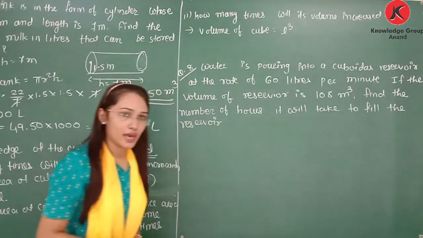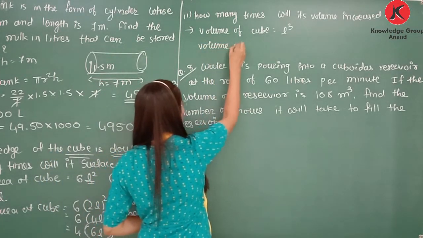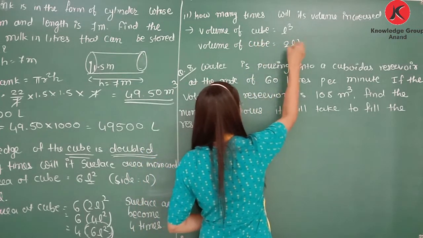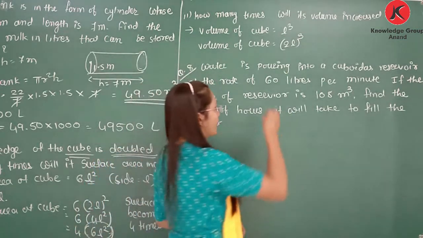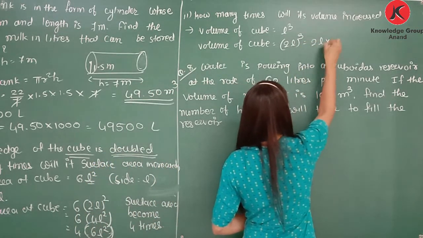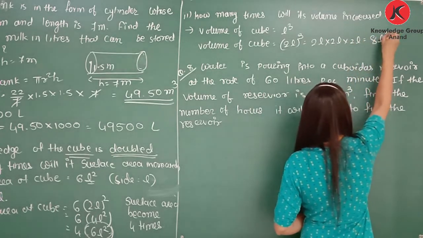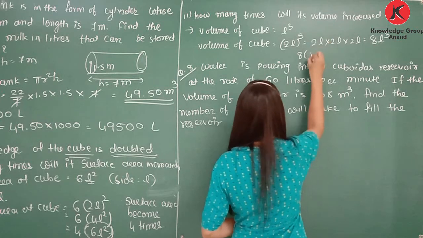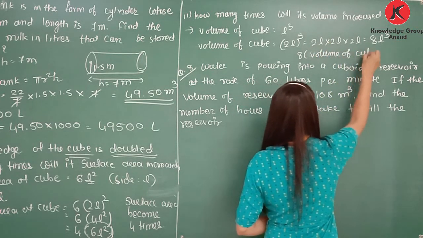When its side is L and we double it, the volume of the cube becomes 2L cube, which means 2L multiplied by 2L multiplied by 2L. So that will be 8L cube. So the volume becomes 8 times.